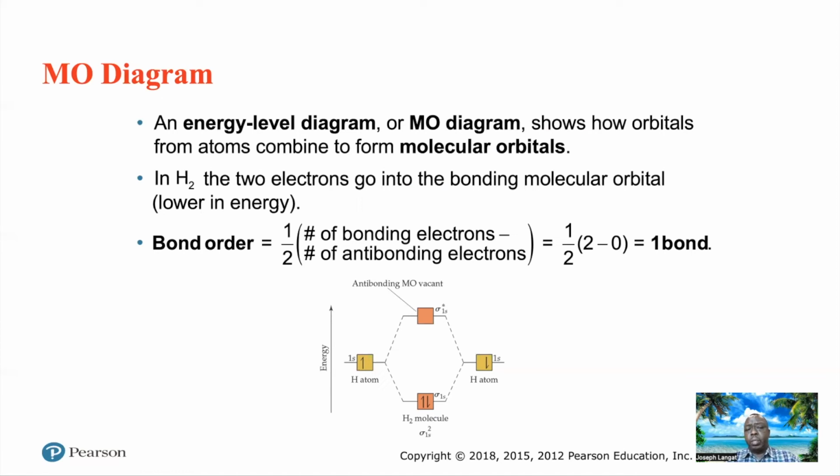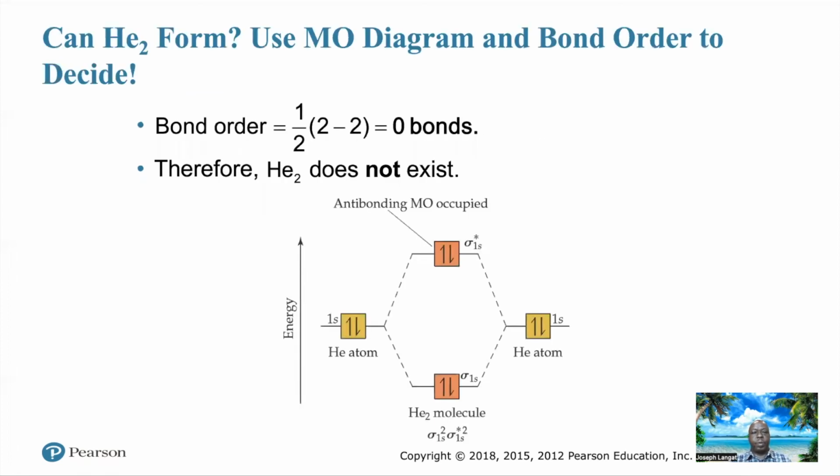You will need to draw the molecular orbital diagram in order to determine the bond order. Otherwise, it's going to be hard to figure out unless you see clearly the bonding and antibonding electrons, count them, and that will give you the bond order.